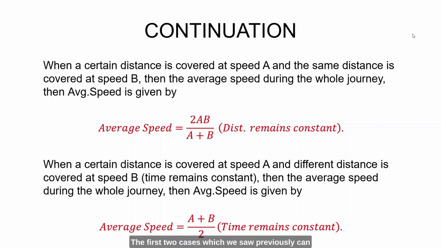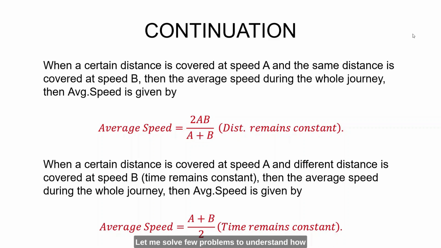The first two cases which we saw previously can be utilized when both the distance and the time or speed vary for all the journeys. If any one of the distance or time remains constant for multiple journeys, then we can directly substitute in these shortcut formulas and get the desired answers.